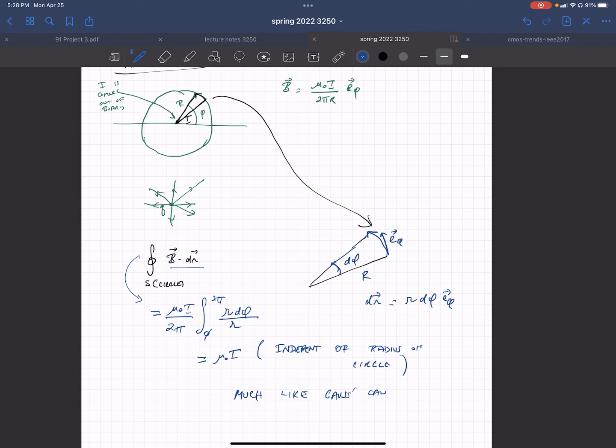We have the same thing in terms of the magnetic field: going around this thing, the total magnetic field is equal to the current going through it.